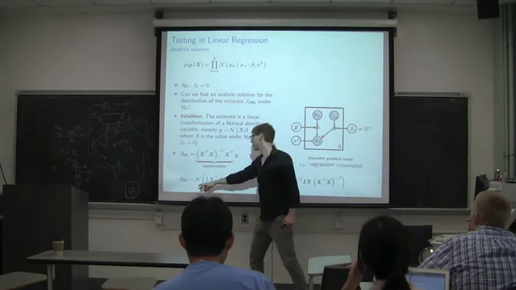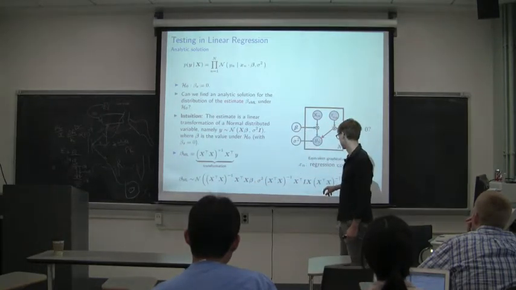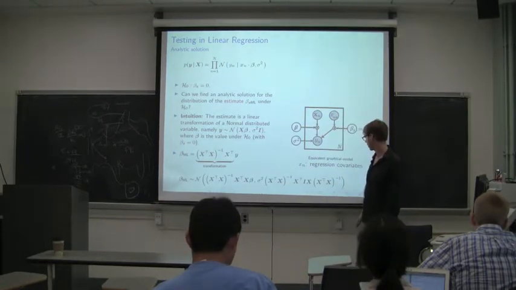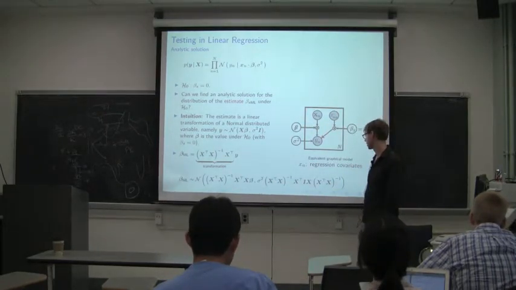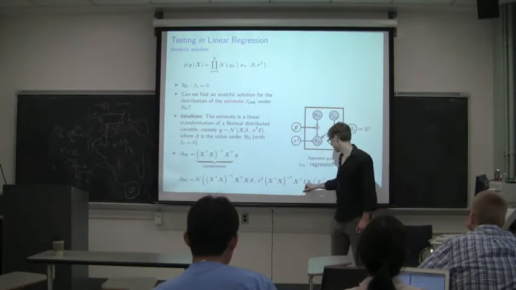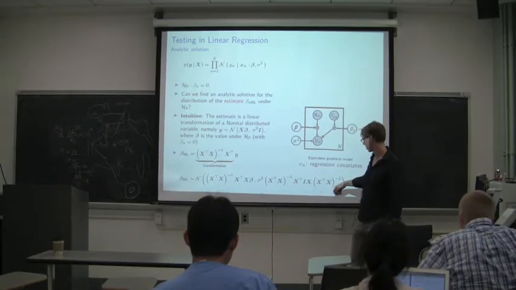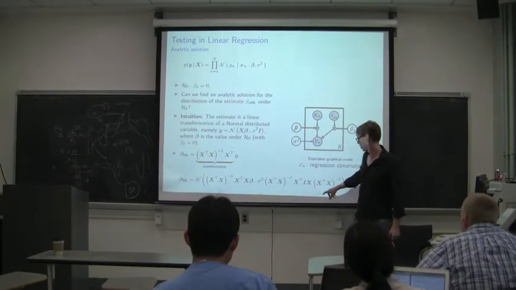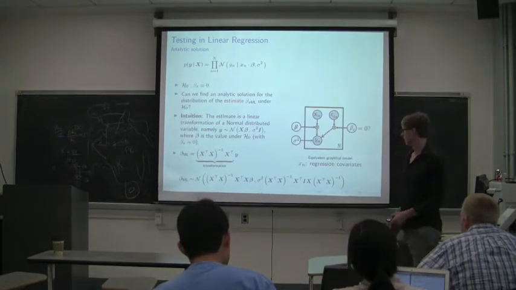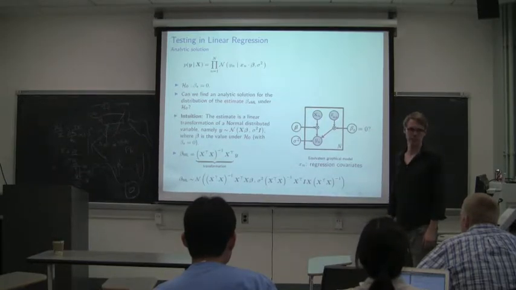So the maximum likelihood estimate is an unbiased estimate of beta. Its variance follows as a linear transformation of the covariance of y under the null, which is the variance times the identity, multiplied on both sides by the linear transformation, where some parts cancel, so we're left with x transpose x inverse times the variance. All right?